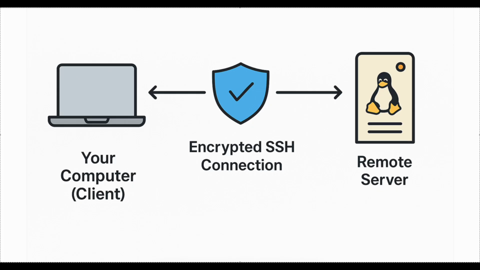Here's the simplest way to visualize how SSH works. On the left, you have your computer, which acts as the SSH client. That's where you type your commands, like connecting to a remote Linux server. On the right, you have the remote server, which is running the SSH service, waiting for incoming connections on port 22. And in the middle, this is the key part. We have an encrypted SSH connection.